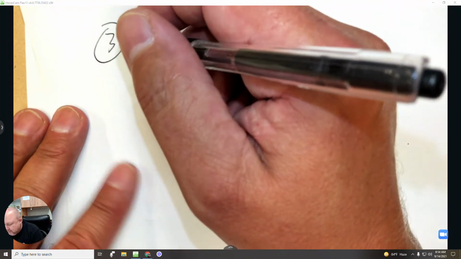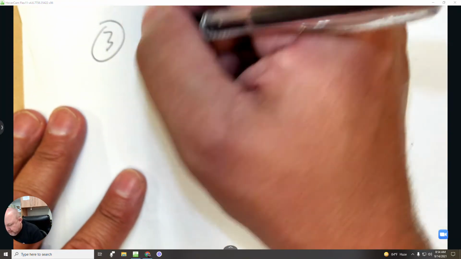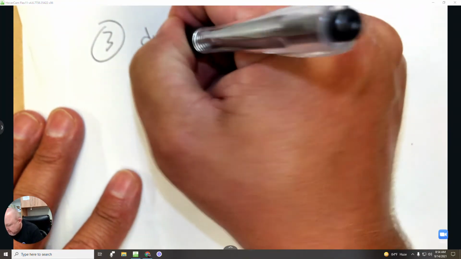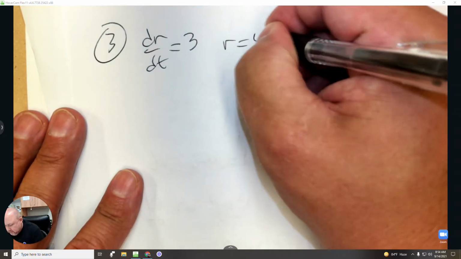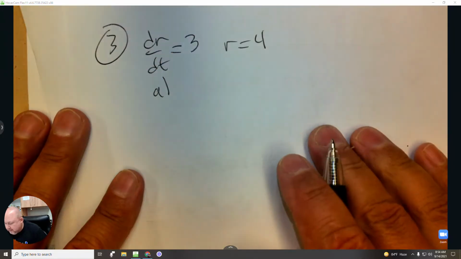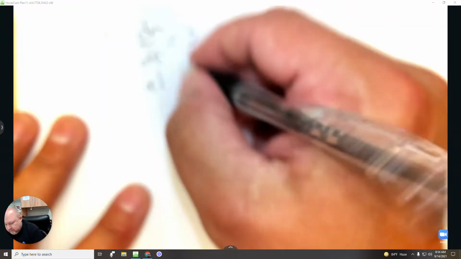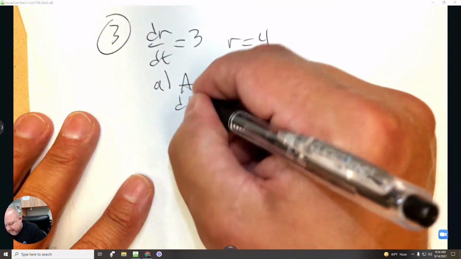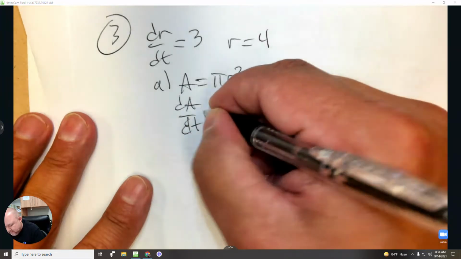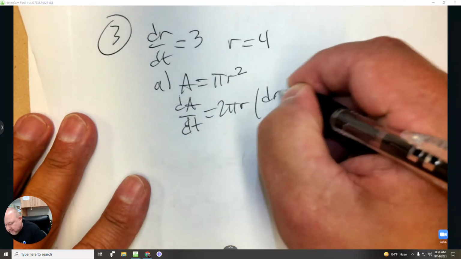The radius of a circle is changing. So dr/dt at this rate. And then it says the radius is 4. And then find the rate of change of the area of a circle. So area is pi r squared. The derivative of that with respect to time. And then don't forget the hook.